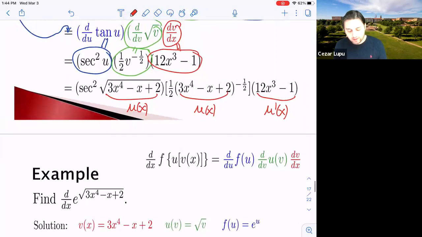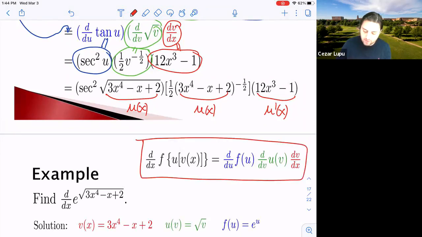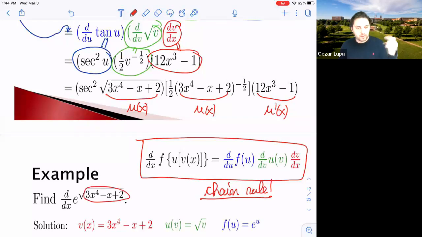So let me just quickly say, look at this guy so we can identify. So again, this is the chain rule for 3 functions. So v of x we can identify. V of x will always be this guy inside here. Then u of v will be the square root of the guy inside. And then the whole thing will be the exponential.